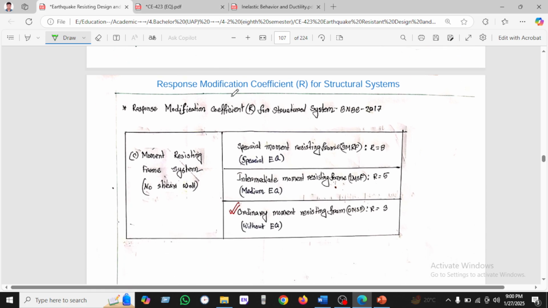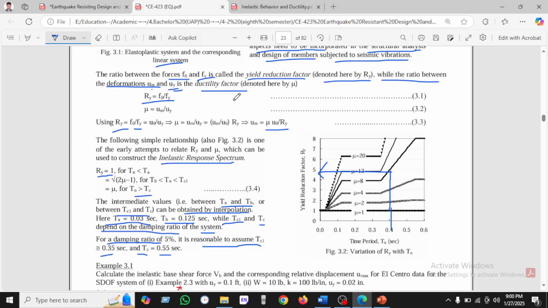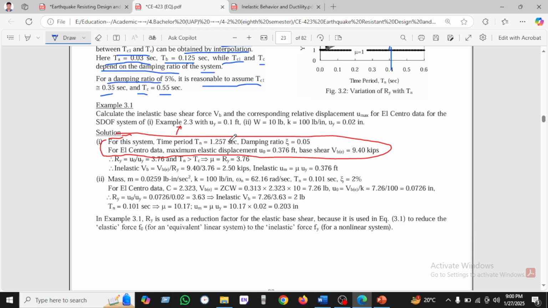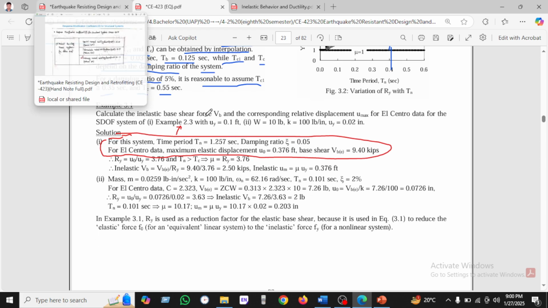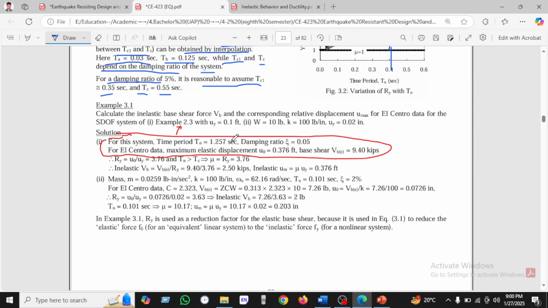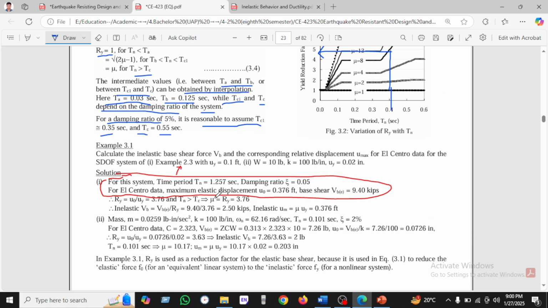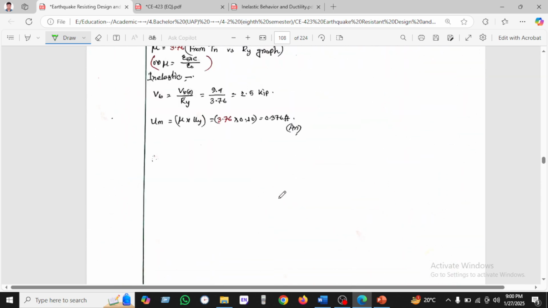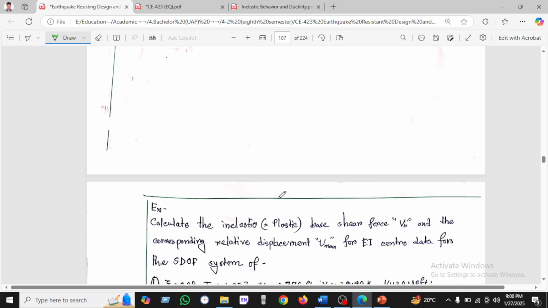Okay, so let's see another response modification factor example. I have been calculating inelastic base shear. Okay, I'll see another example here.